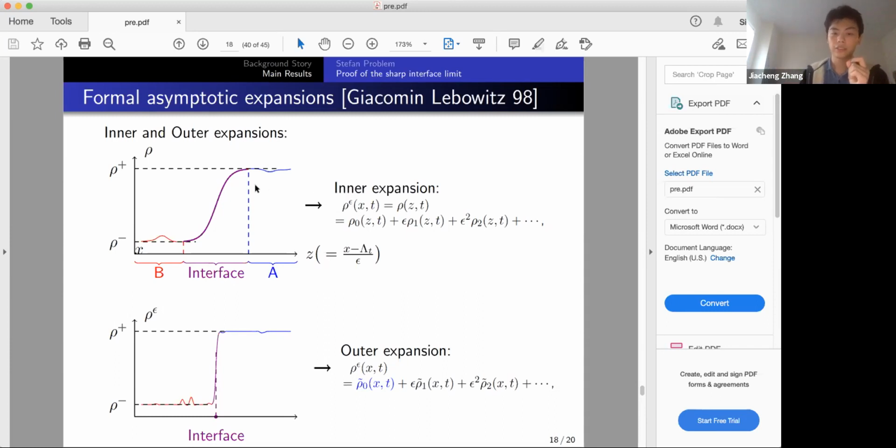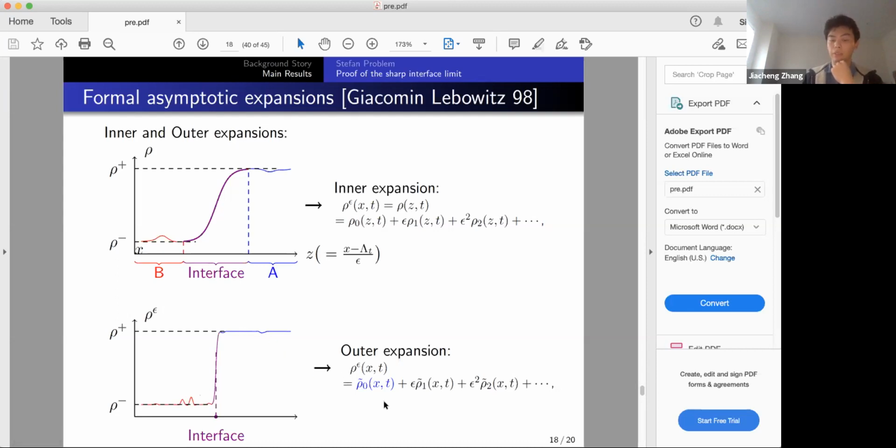So even though zooming in makes the function inside this interface region become a jump function, after we zoom out, this will remain the same. So this is for the inner expansion. And this outer expansion is just an approximation for the actual function we are considering.